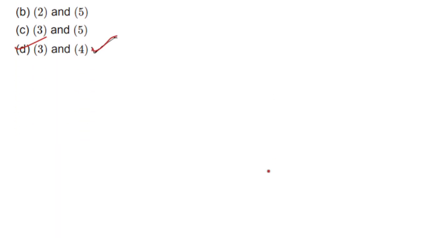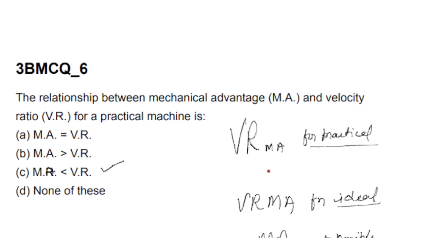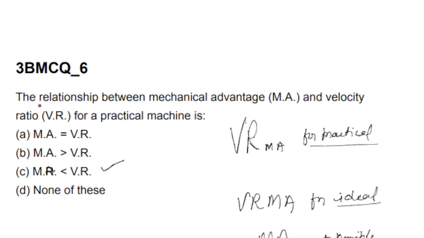Let's go next. The relationship between mechanical advantage and velocity ratio for a practical machine. Mechanical advantage cannot be equal to velocity ratio because they are talking about practical machines. Practical machines cannot have it.